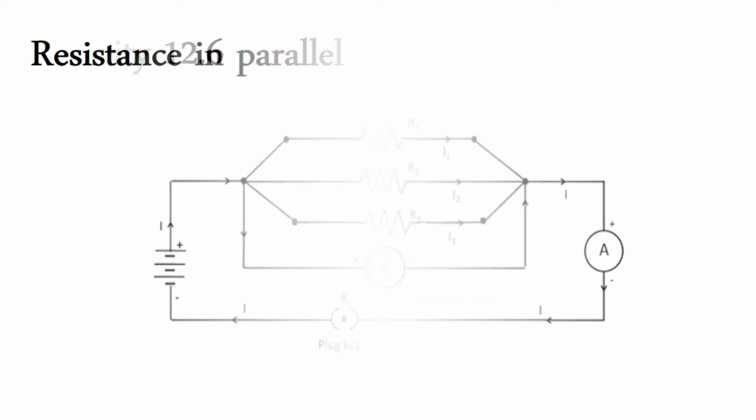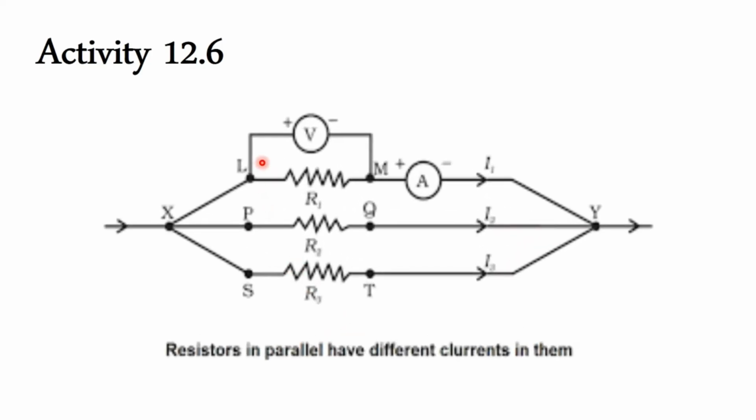Now I will explain activity 12.6 which is given in NCERT. Here three resistors R1, R2 and R3 are connected in parallel combination. When we connect a voltmeter across each resistor R1, R2 and R3, it is noted that the voltmeter reading remains the same.